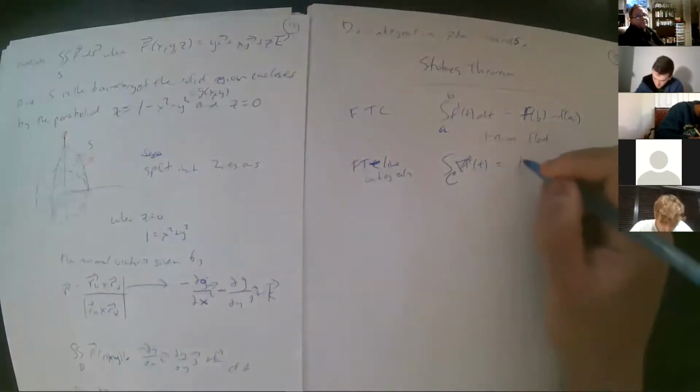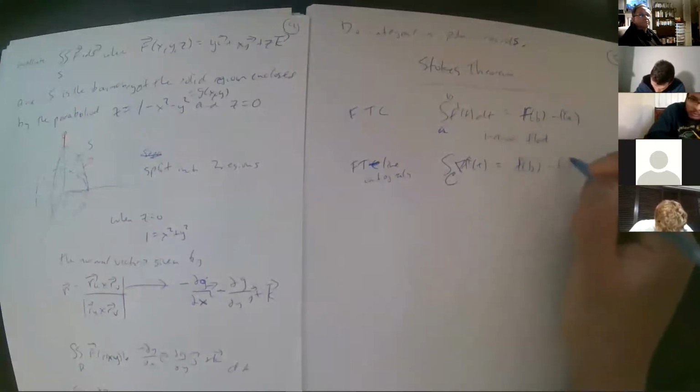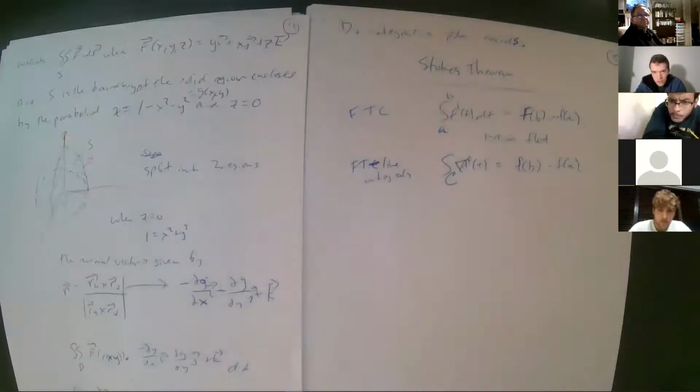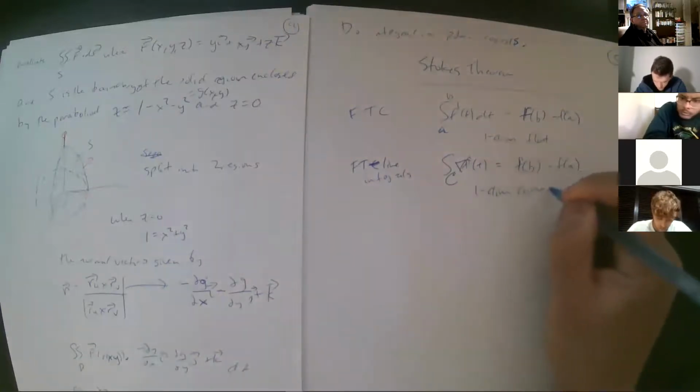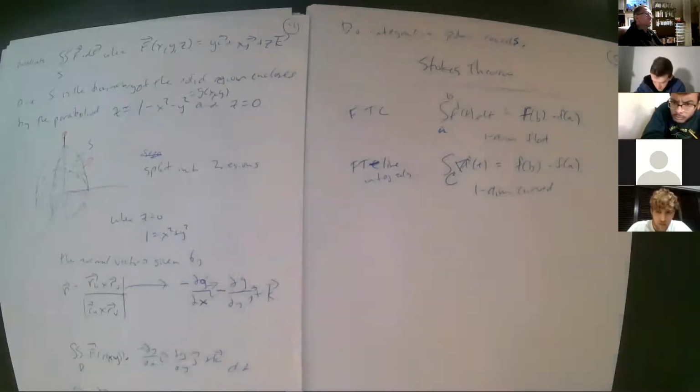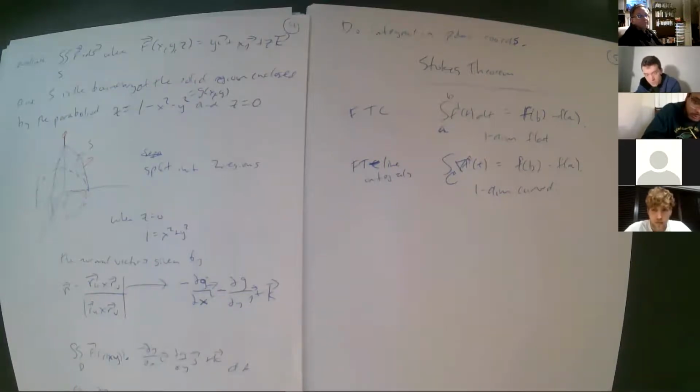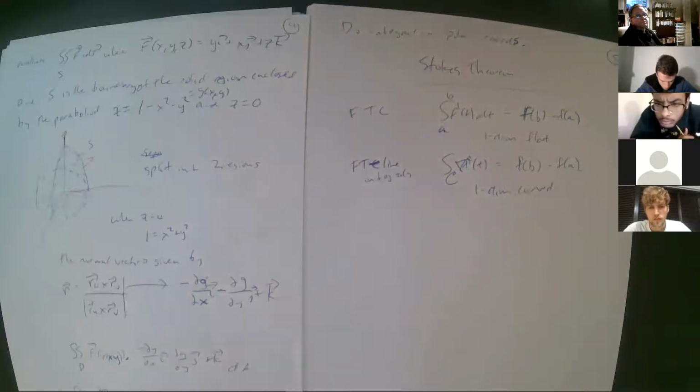This is equal to f evaluated at b minus f evaluated at a. This is one-dimensional, curved. Right, now my curve can do this, and it says the integral over my curve of the derivative is equal to my function on the endpoints.